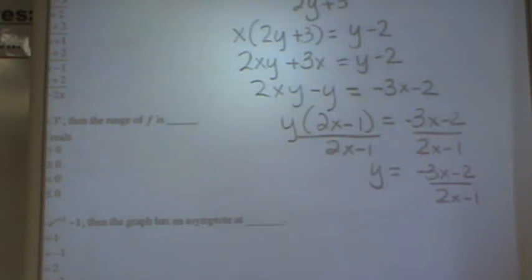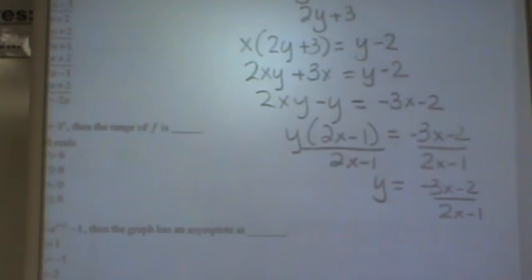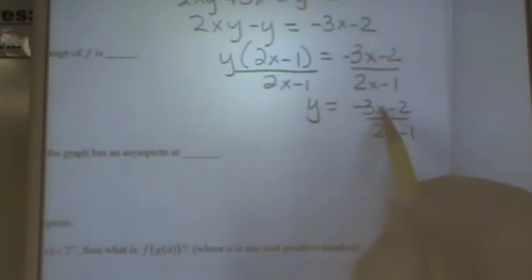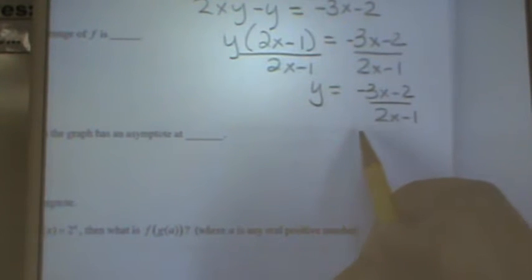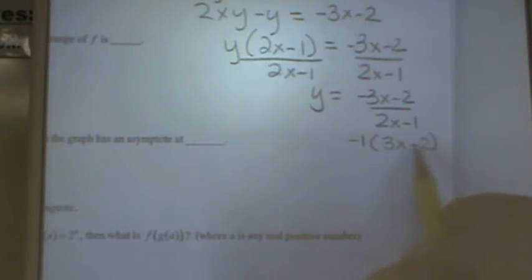And the answer would be, if I bring this negative down here, I believe it would be E. So let's double check. If you swing the negative down, 57 would be, yep, E. So what I could do is factor this negative 1 out, and you get 3x plus 2.